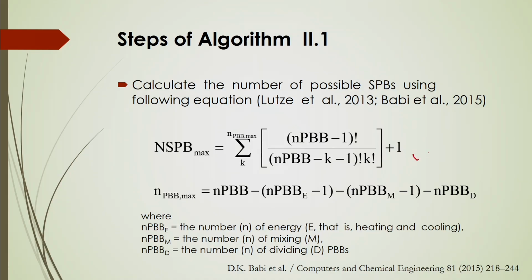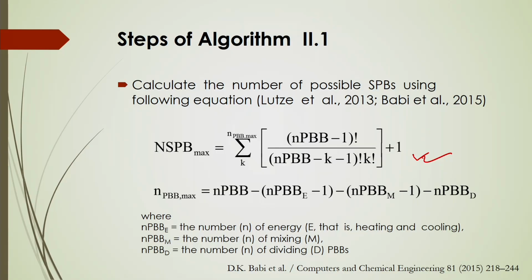So this equation here can be used to maximize the NSPB for this maximizing problem. In this case, it can be calculated by summing up these phenomena based building blocks.